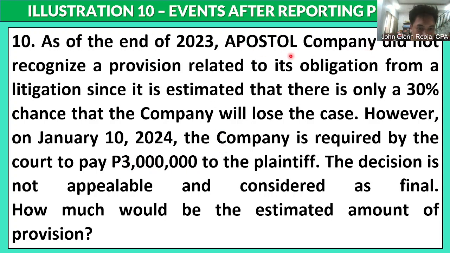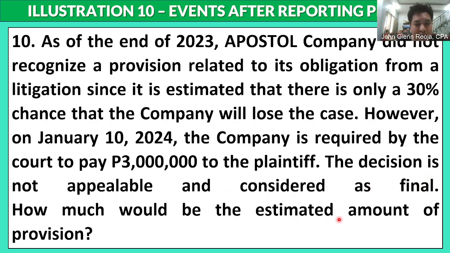When, sir, when siya magre-recognize? Dapat as of the end of 2023. Kasi sabi naman sa provision, magre-recognize ng obligation upon inflicting harm or damage, hindi naman sa time na magkaso siya or may court judgment na. So, sabi niya dito, the decision is not appealable and considered as final.